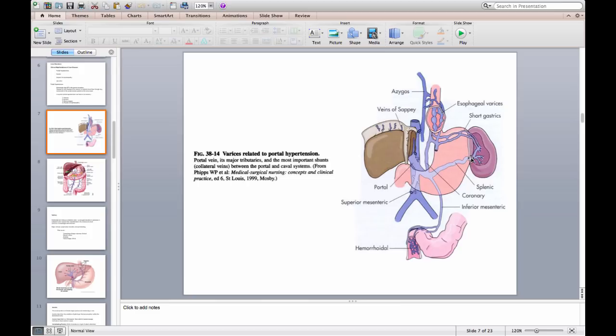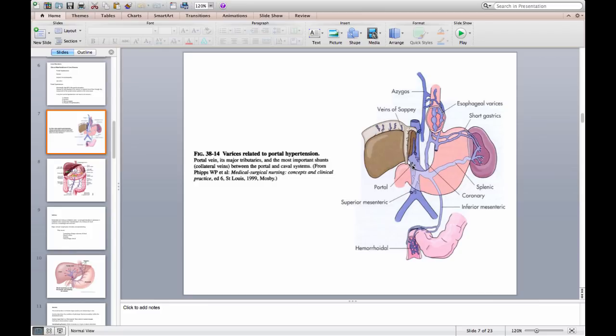So the question is about splenomegaly and how it develops in the context of portal hypertension. So I may have said increased blood flow to the spleen, but the direction of blood flow is away from the spleen, right? It's out of the splenic vein and into the portal vein normally. Now, as the portal vein pressure increases, and you can see, blood is coming from the mesenteric veins, coming from the splenic vein, and is destined to enter the portal vein.